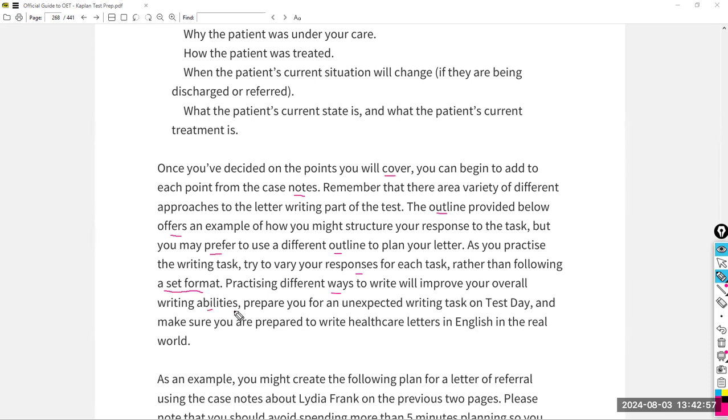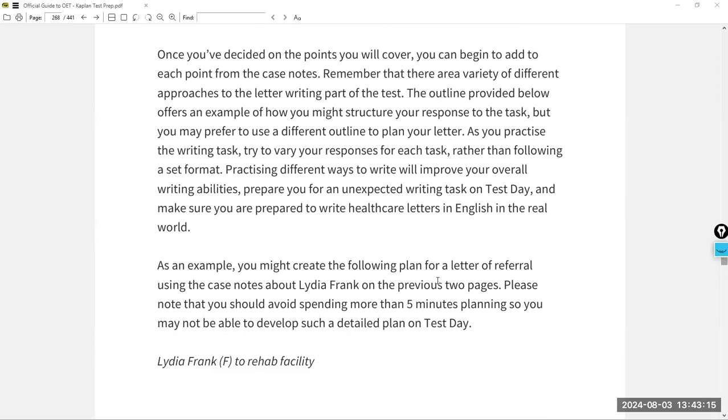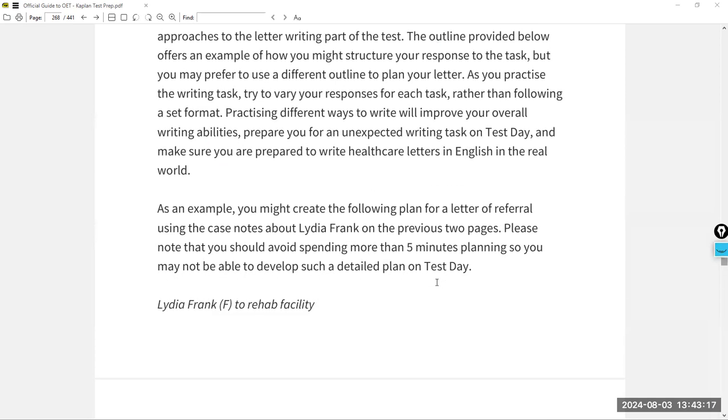I have to prepare you for an unexpected writing task on test day. And make sure you are prepared to write healthcare letters in English in the real world. Absolutely, this is going to help you to write a complete and correct letter.